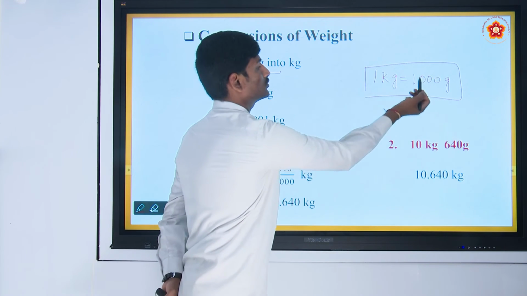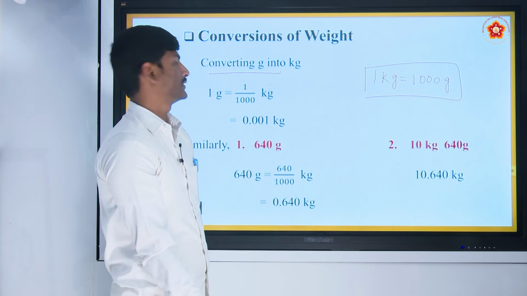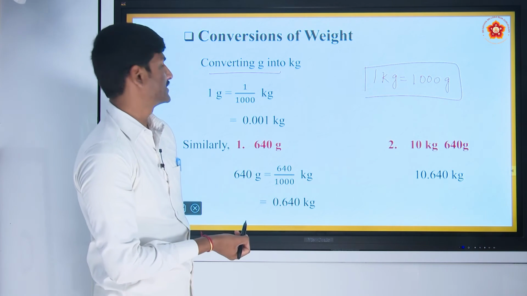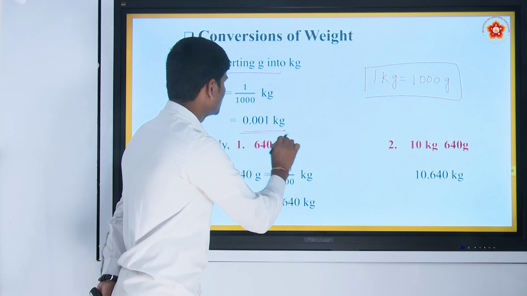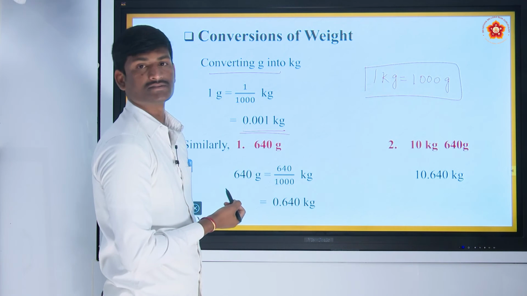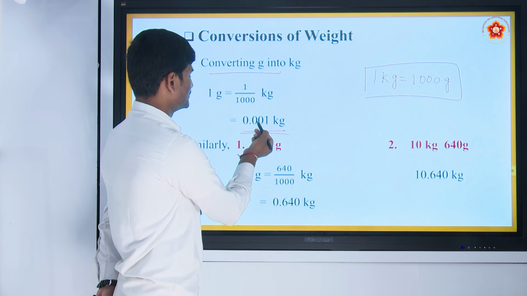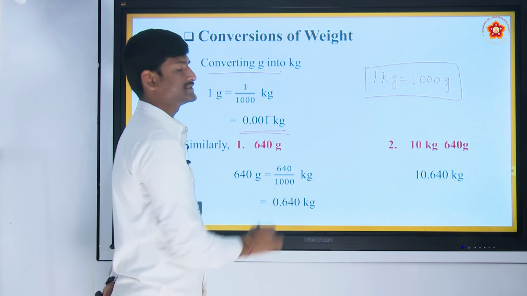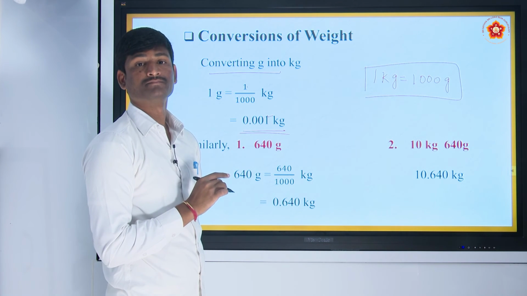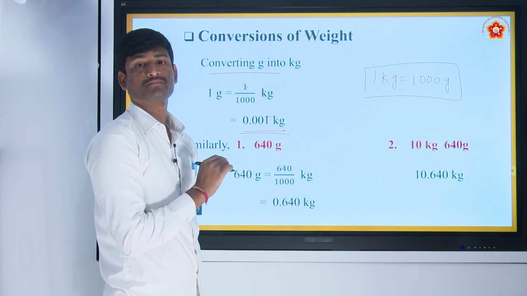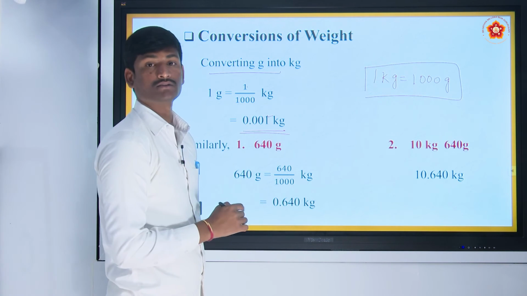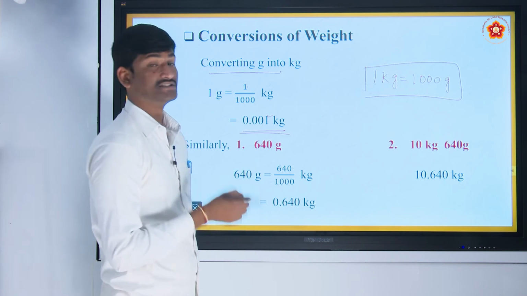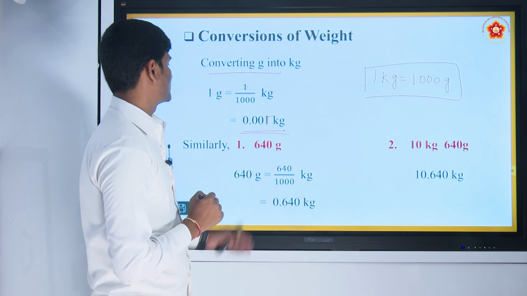Here 1 kg is equal to 1000 gram. Converting gram into kg, 1 gram is equal to 1 divided by 1000 kg. In decimal notation, 1 divided by 1000 means 0.001. Here the 1 is placed in the 1000th place. So 0.001 kg.